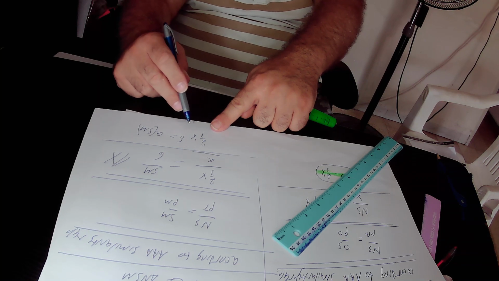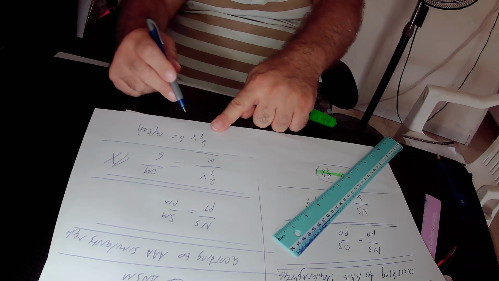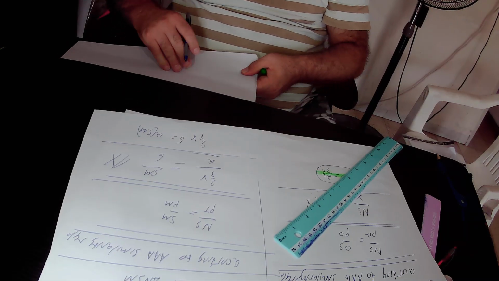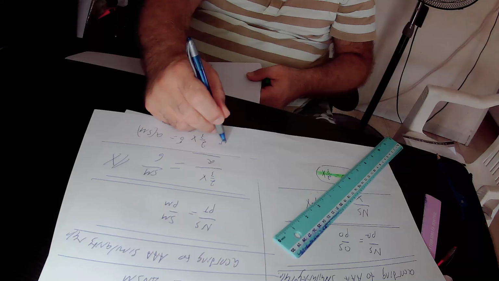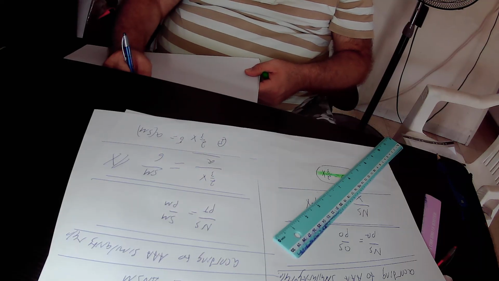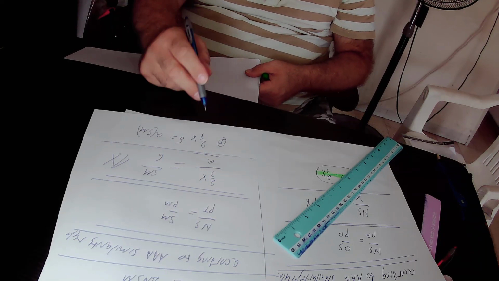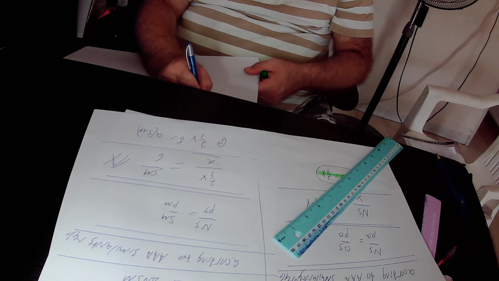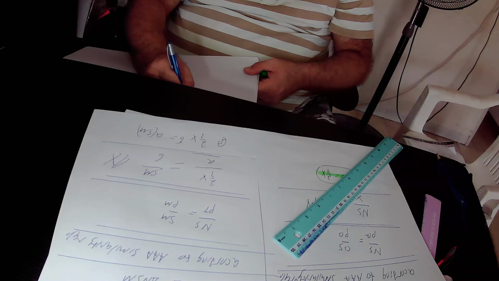So in total, on this side of the equation, we are left only with 4x. This is equation 1. So according to equation 1, 4x equals A times SM.